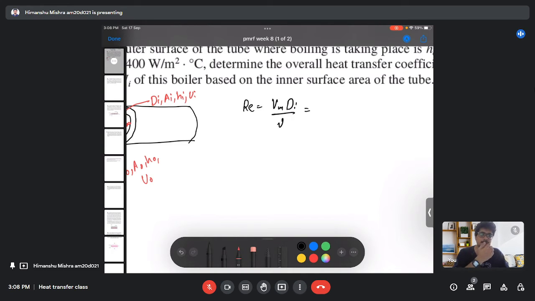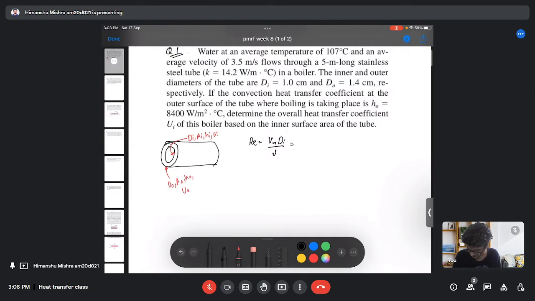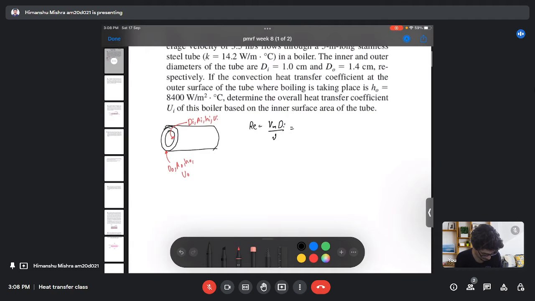The properties of the fluid you can easily get from books or the internet. Usually I don't give properties of the fluid like viscosity and density in the question because they are easily available. So we will be solving for the Reynolds number first.